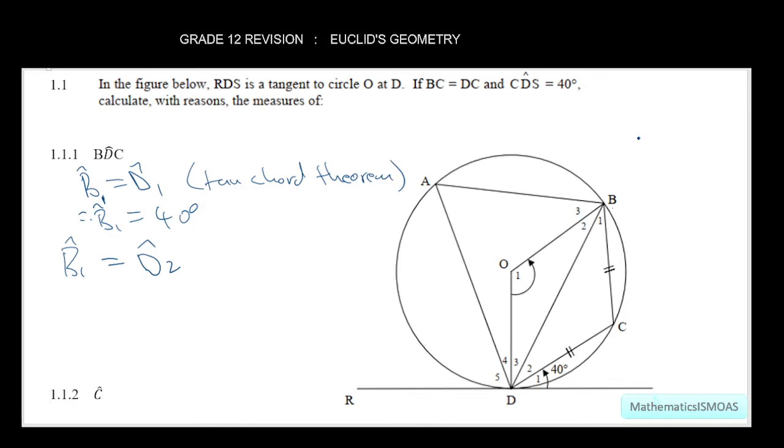The reason is that these are angles opposite equal sides. Please make use of the reasons that are there in your examination guidelines. Therefore, we can now conclude that angle D2 will be equal to 40 degrees, because B1 is equal to 40 degrees and B1 is equal to angle D2.